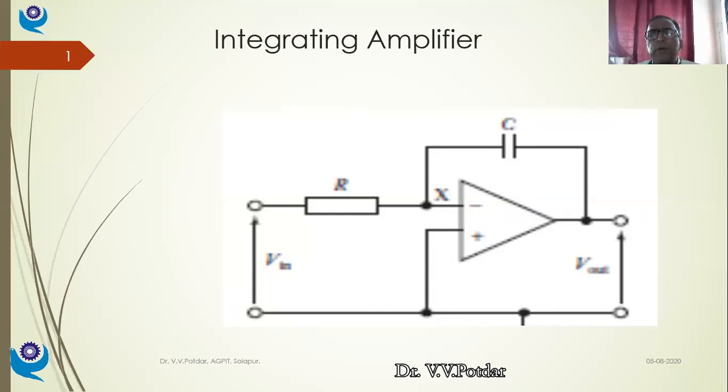Just to remind you, operational amplifier has got very high gain, so it can give very high amplification, and the input impedance is also very high, so it doesn't consume much power also. So the operational amplifiers are used even today for signal amplification purposes.